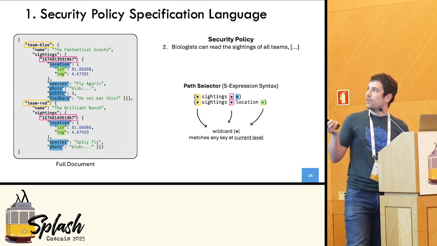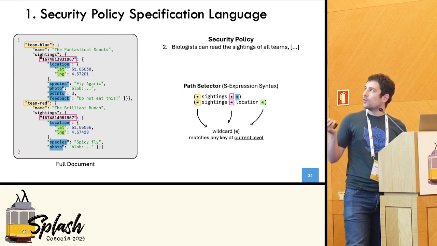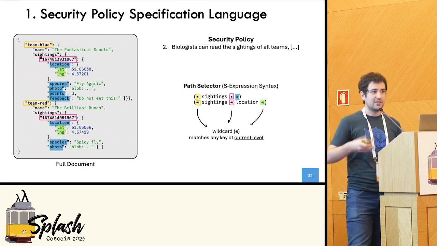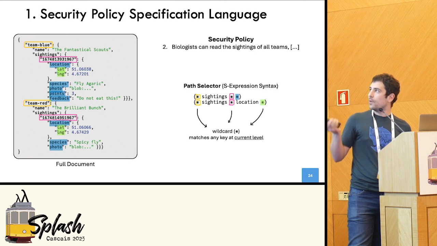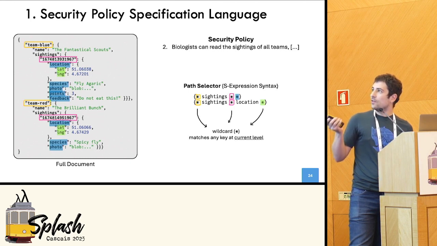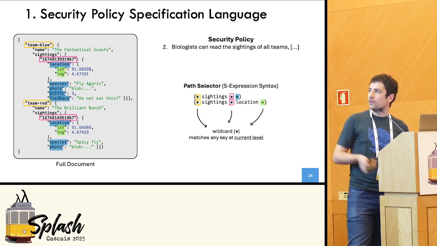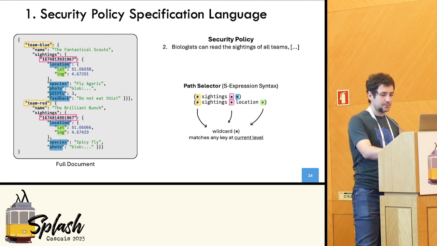This must be followed by a sightings key, which is present in the object, then followed by another wildcard to traverse any sighting made by the users. Then for the top path selector, finally, the leaves which are selected by a wildcard are highlighted in blue. The bottom path selector traverses 1 level deeper, namely via the location key, and it selects all of the fields highlighted in green.